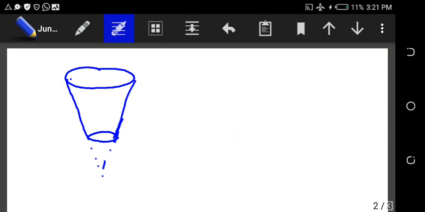So this is what we call a frustum. How can we evaluate the volume of this given frustum? Now remember that the volume of a cone is given by the formula 1/3 pi r squared h.